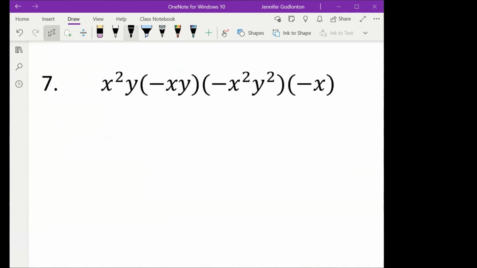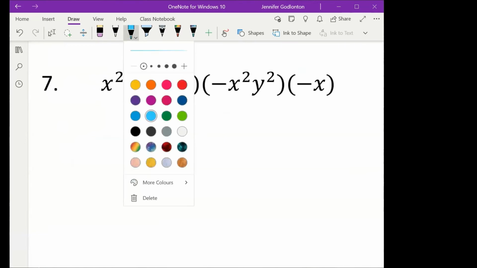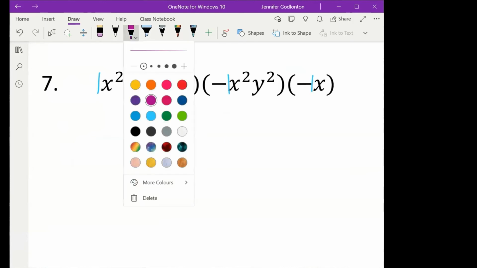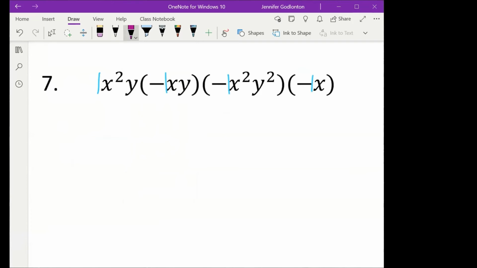And remember, like in a question like this, where we don't have any numbers written in front of our variables, they would all be 1s. Okay? So 1. And if you don't have an exponent above your variable, it would also be a 1. So don't forget them. Okay, give this question a try for me.